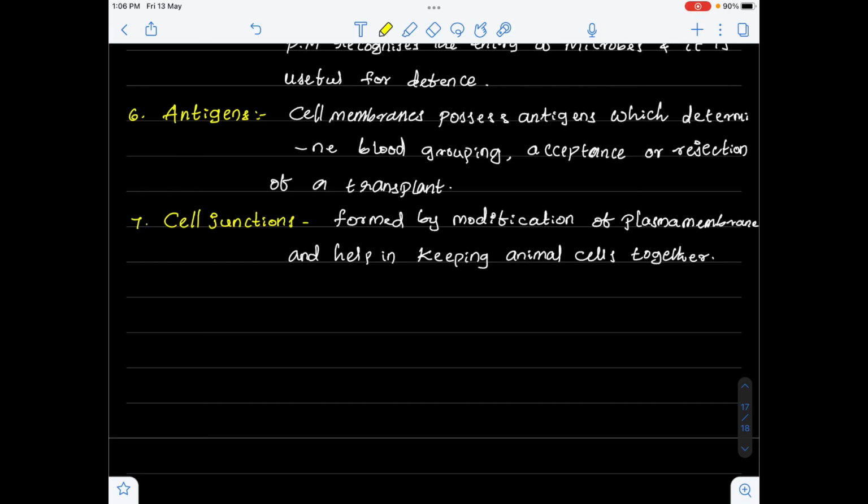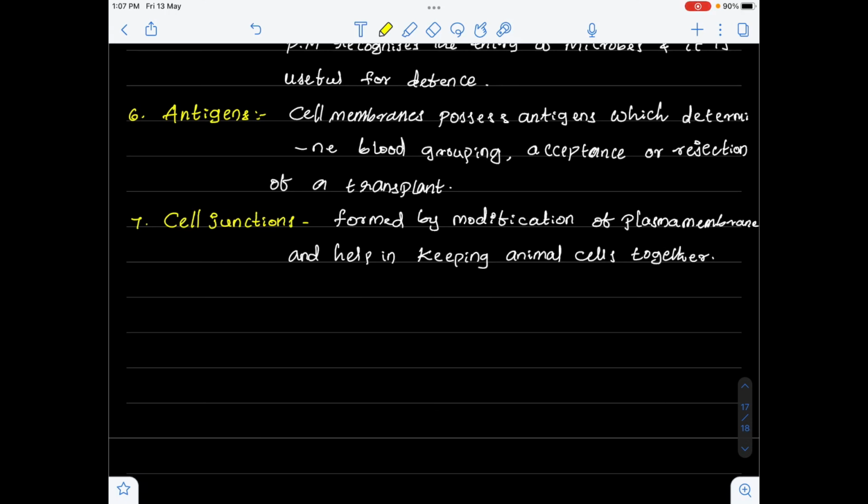In previous classes we discussed the cell junctions. Two adjacent animal cells are connected by desmosomes. So these are known as cell junctions. They are formed by the modification of the plasma membrane, so that it helps in keeping the two animal cells together.